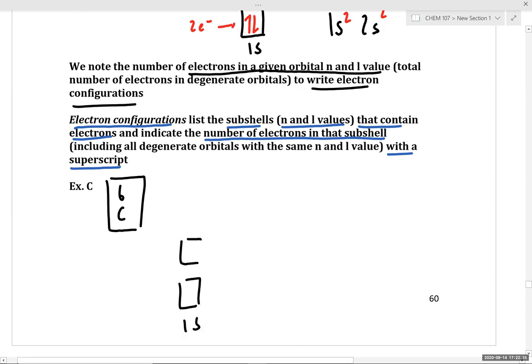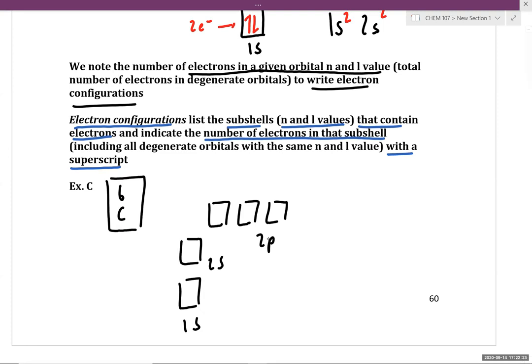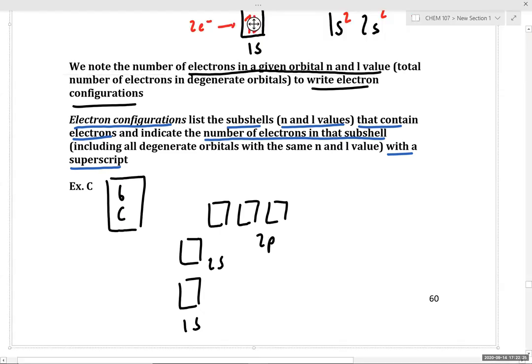We have the 1s orbital, the 2s orbital, and the 2p orbital. We take our 6 electrons and we add 2 electrons to our lowest energy 1s orbital. Are we done? Have we used up all 6 of our electrons? Have we drawn a total of 6 arrows?